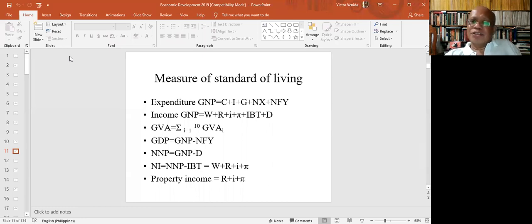The gross national income, or the gross national product, is the most widely used measure of standard of living of countries throughout the world. Data on this is available for most countries in the world. The World Bank says they have data for 264 countries.